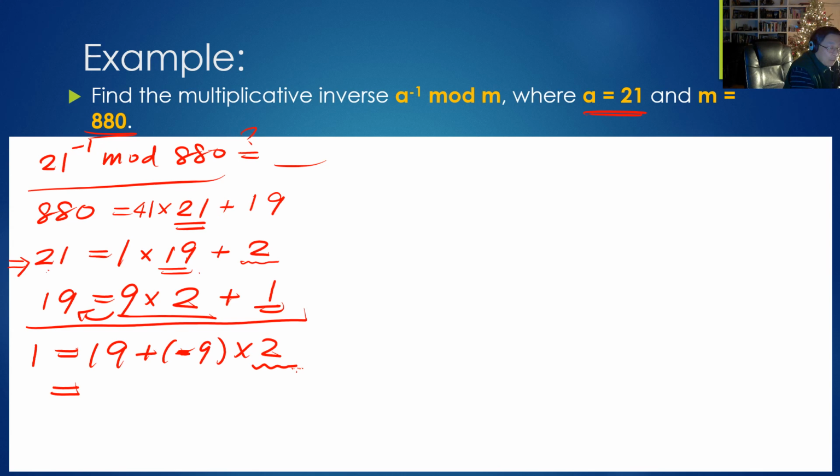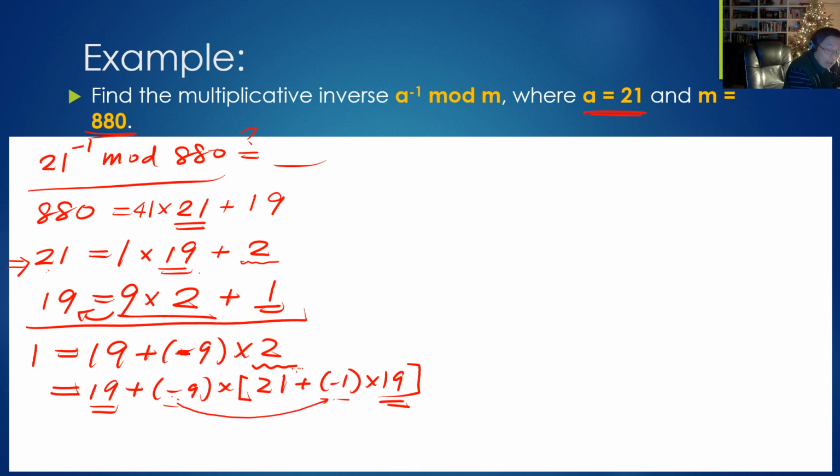So I can replace this 2 with 21 plus minus 1 times 19. Again, I have a term 19, and that's the coefficient of the 19. So minus 9 times minus 1, I got 9, right? So now I have 9 times 19 plus 19. So I got 10 times 19, right?